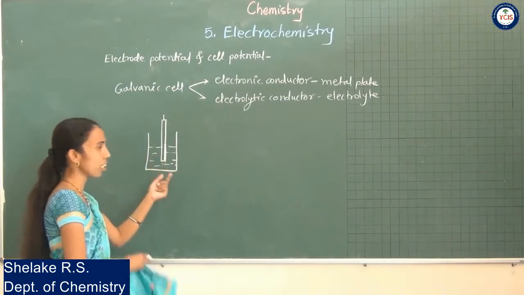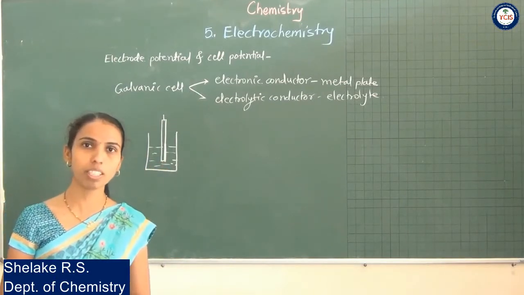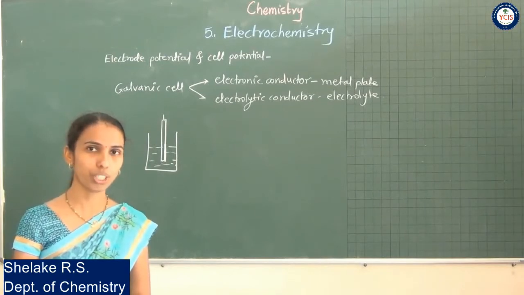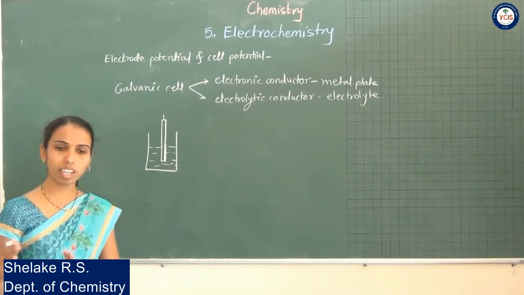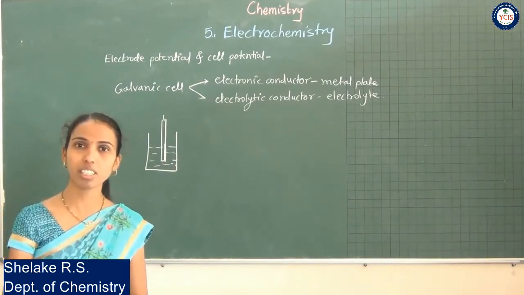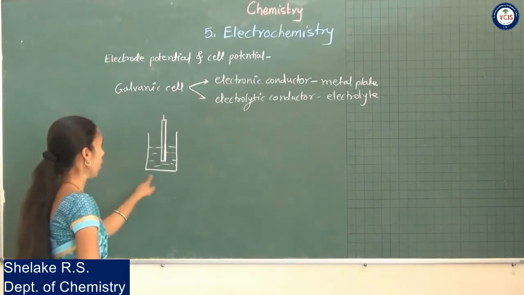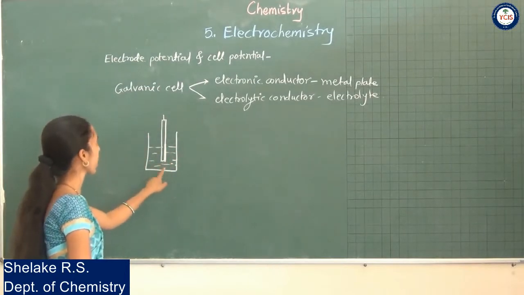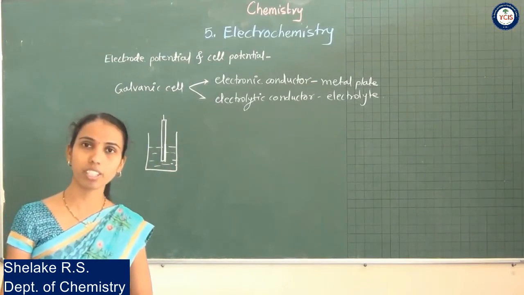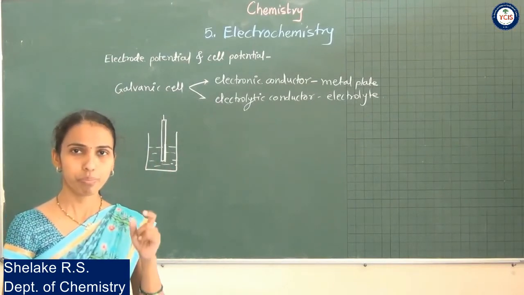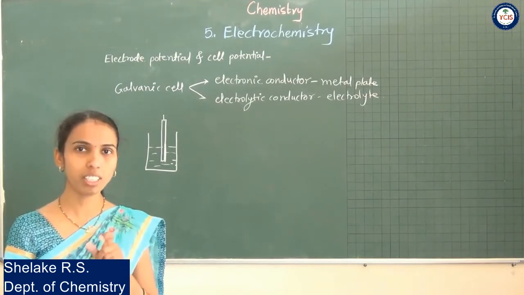When you consider the anode, the half cell in which the anode is present, which reaction takes place? Oxidation. So there is an oxidation half cell reaction, and in the other half cell there is a reduction half cell reaction. So you can say that the total electrode potential or the cell potential is due to the oxidation half reaction and the reduction half reaction.